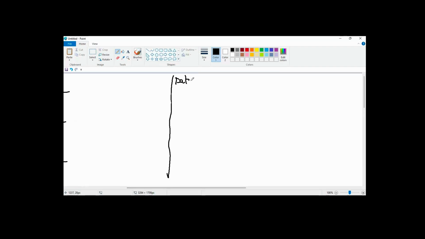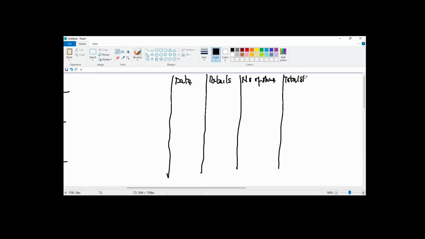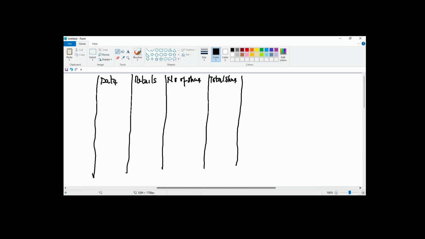I will have columns for dates, details, number of shares, total shares, bonus factor, and weighted shares.